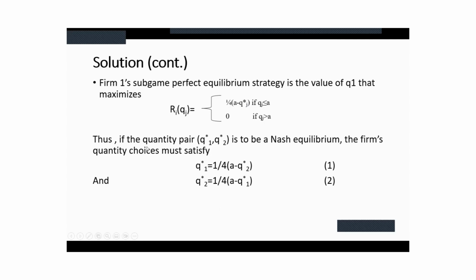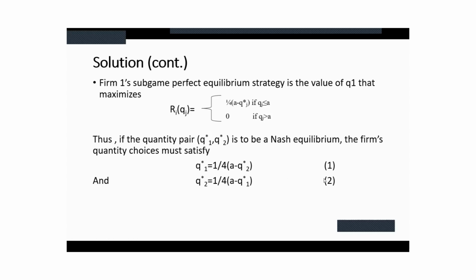Thus, if the quantity pair q star 1 and q star 2 is to be a Nash equilibrium, the firms' quantity choices must satisfy these two equations, which came from this particular equation. You might ask why we used a star here. With stars, we can say that these are the equilibrium outputs.